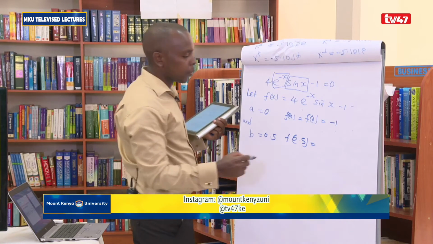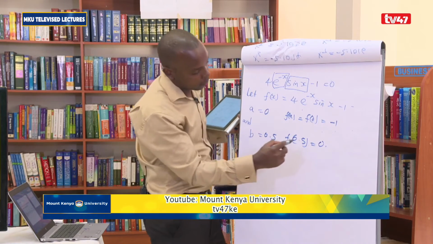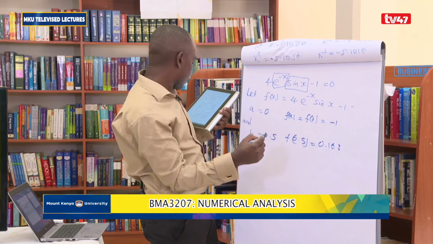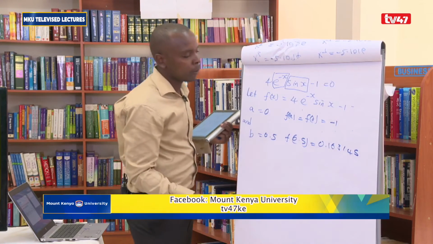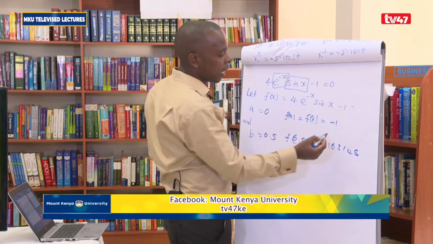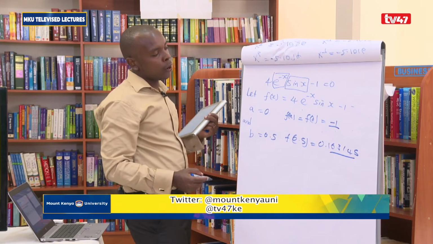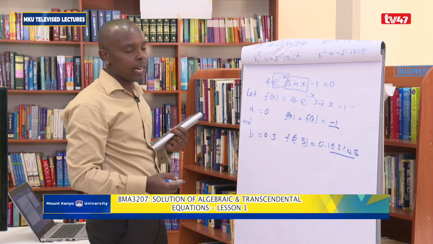So this is giving us 0.163145. So the values that we obtain here are only helping us to tell where the root lies.